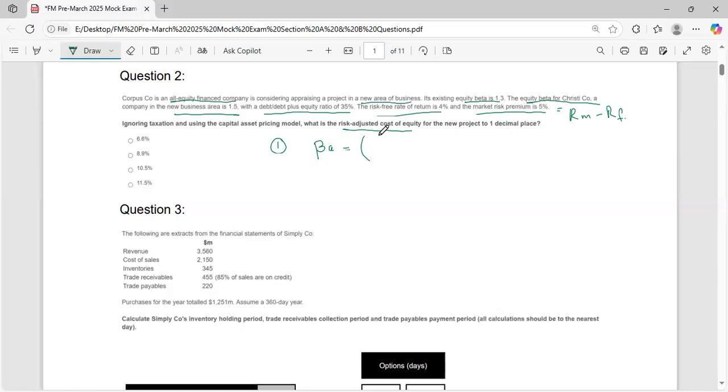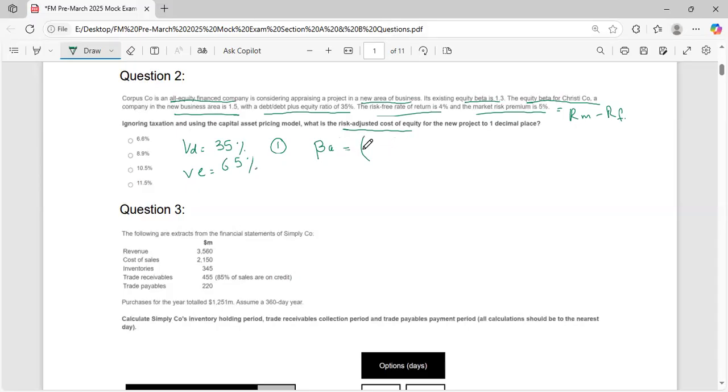Debt plus equity is the denominator and they have a debt proportion of 35%. So what can we say about what we have as debt or as the equity proportion? In this case, value of debt will be considered as 35% and value of equity will be considered as 65%.